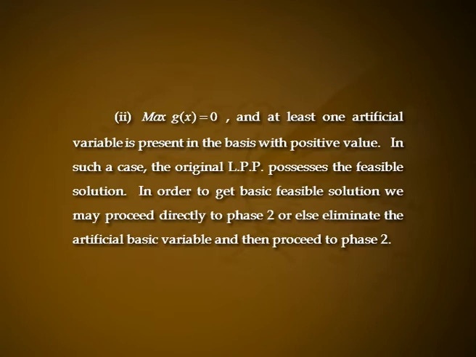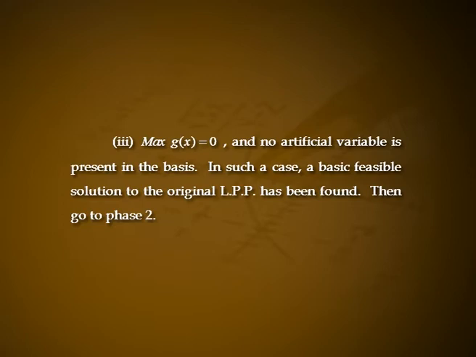In order to get basic feasible solution, we may proceed directly to phase 2 or else eliminate the artificial basic variable and then proceed to phase 2. Maximum g(x) equal to 0 and no artificial variable is present in the basis. In such a case, a basic feasible solution to the original LPP has been found. Then go to phase 2.